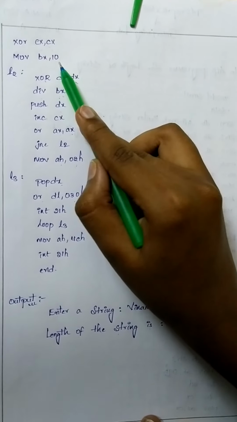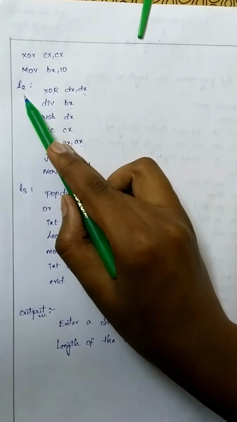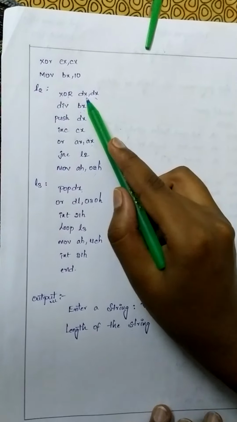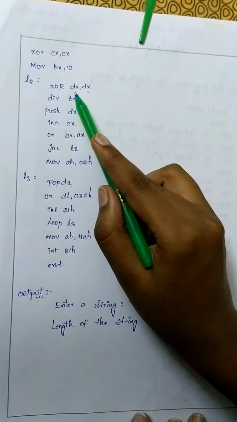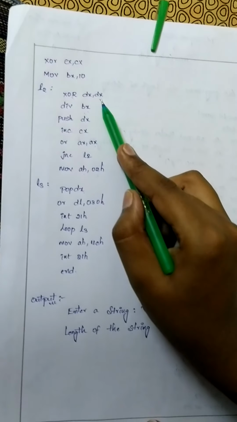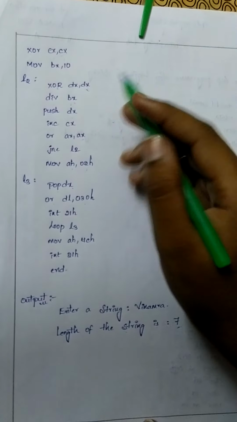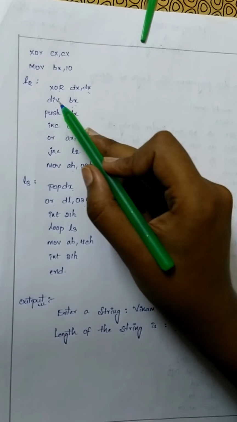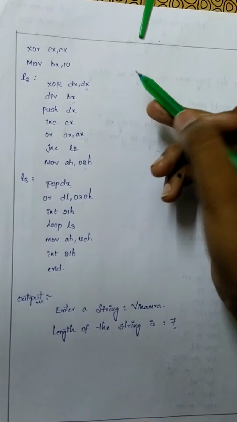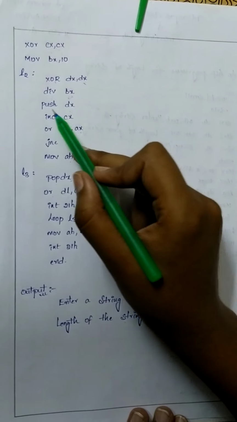mov bx, 10. The value 10 is moved into the bx register. L2: now it is loop 2. xor dx, dx. The XOR operation is performed between dx and dx, so the contents present in the dx register are cleared. div bx. The division operation is performed, and the result is stored in the register. push dx.